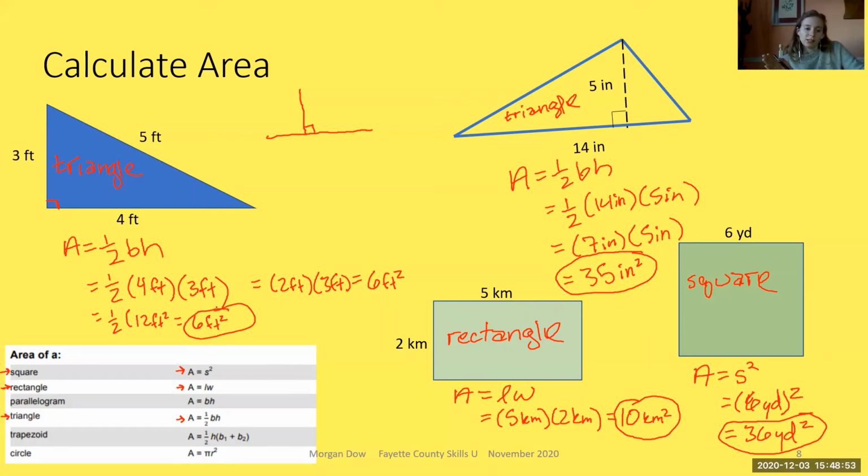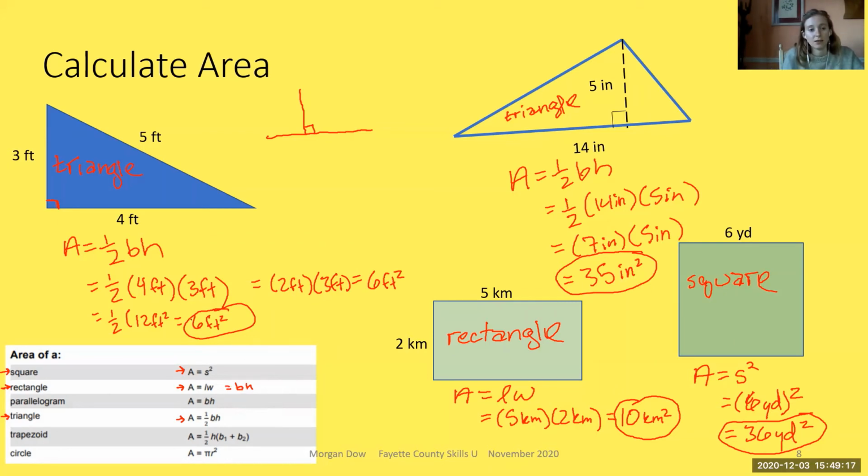So you might notice that length and width seems pretty similar to base and height. And that is true. So this formula for a rectangle, we say length times width, but we could just as easily call that base times height of the rectangle. And so a triangle is really just 1/2 of a rectangle.